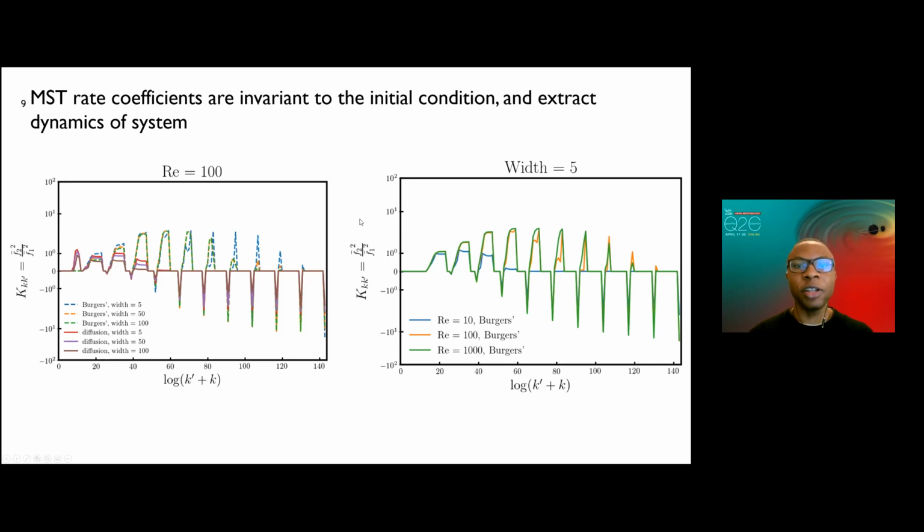But for instance, the Reynolds number affects this more strongly. This is due to the fact that the Reynolds number actually changes the dynamics and how they translate through space and time. But the initial condition should not change the dynamics over time. And this is also true especially with the different equation choices, where there are more peaks in this area of the rate coefficients for the Burgers' equation as opposed to the diffusion equation in this case.